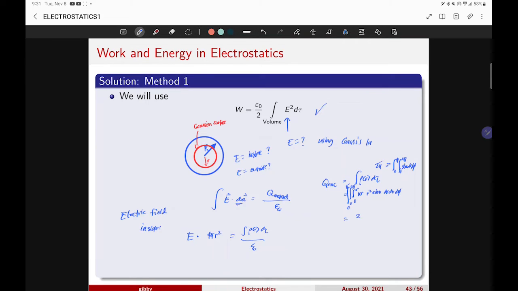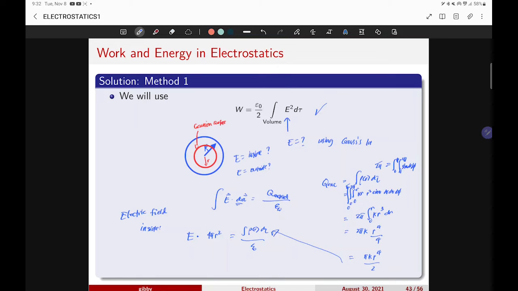So technically we have 2 pi times the integral of k r cubed dr. I hope you can follow. If not, you can just pause this video and try to follow the calculation. Okay, so if you integrate, we have 2 pi k r to the 4 over 4, from 0 to r. Right? So this becomes pi k r to the 4th over 2. So you substitute the result.